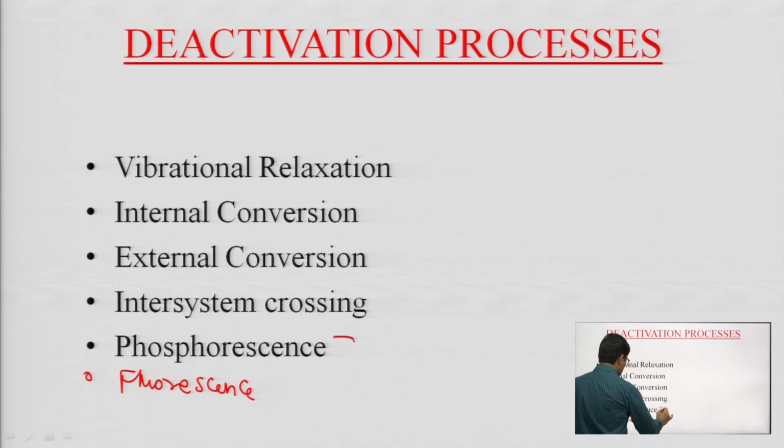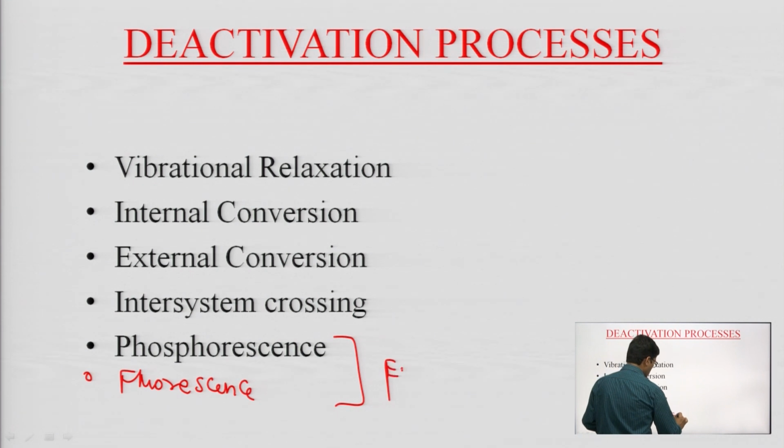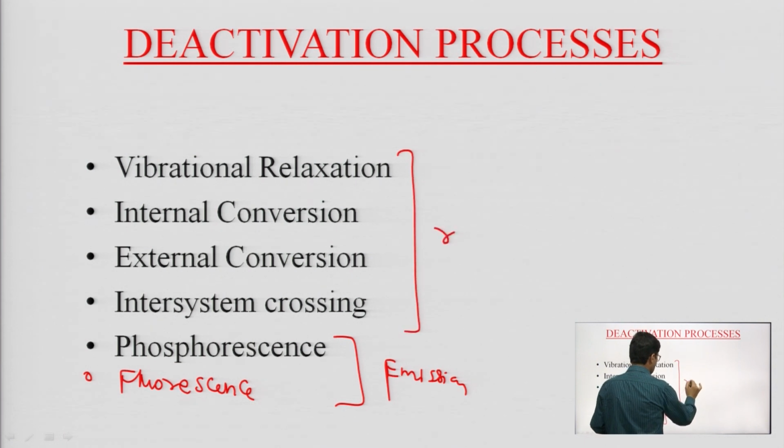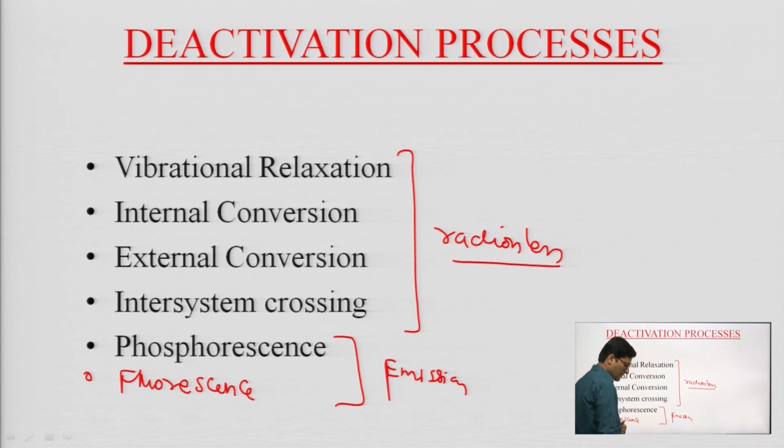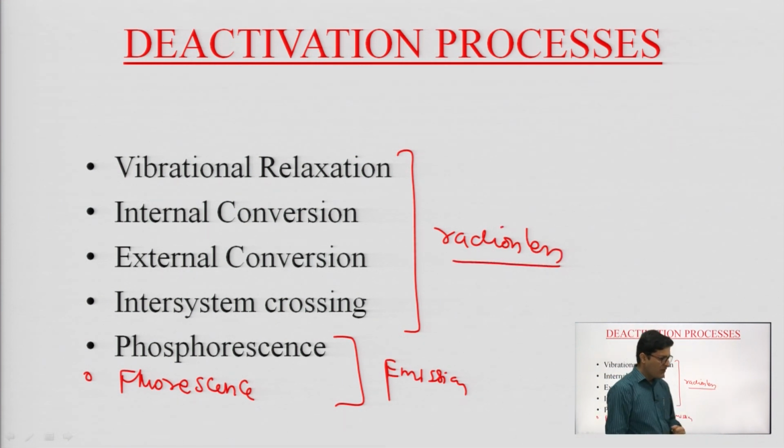So, fluorescence and phosphorescence, these two processes involve the emission of light, whereas all the other processes are generally radiationless deactivation processes. So, our discussion would mainly be focused around these radiationless deactivations and fluorescence.